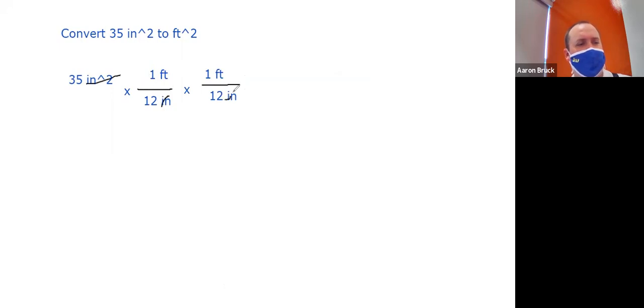So there it goes. Feet times feet is square feet. 35 divided by 12, divided by 12. We get an answer here to two significant figures, 0.24 square feet.